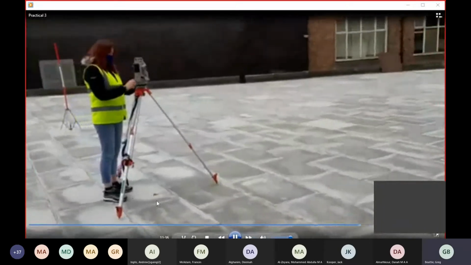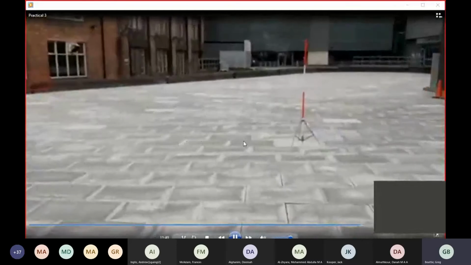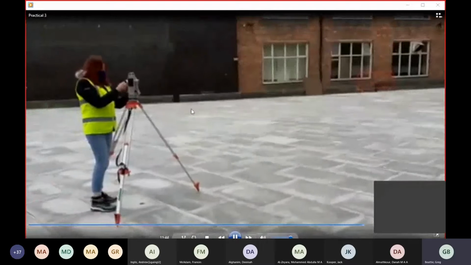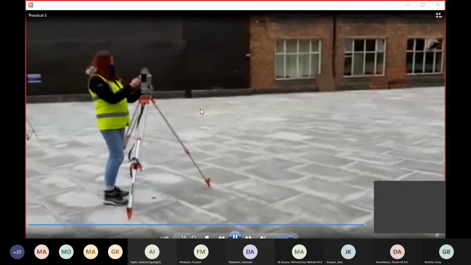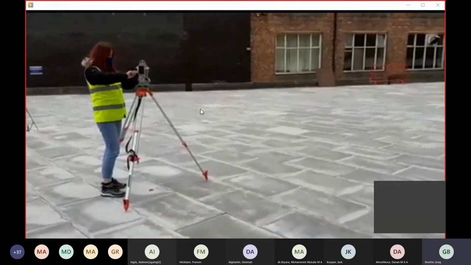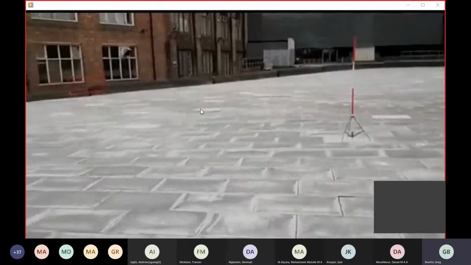Okay, so that's set up. You can see our mark on the floor, so the level's been positioned over it. The two ranging poles are in final position for the stations. And in a second, we'll actually do the recording. I'll let you have a look at the video on the end.